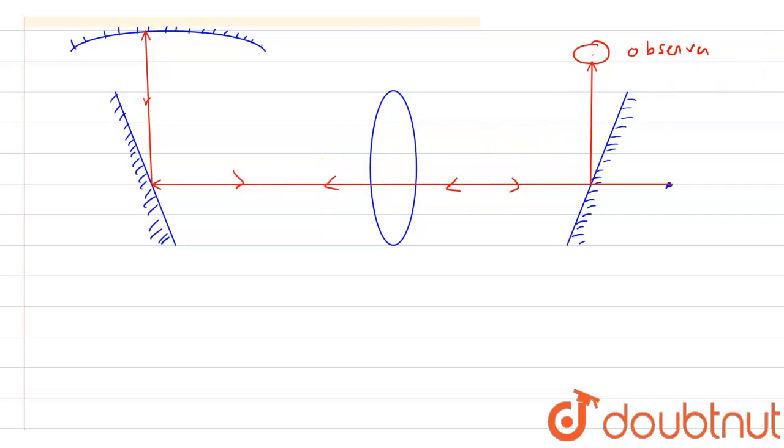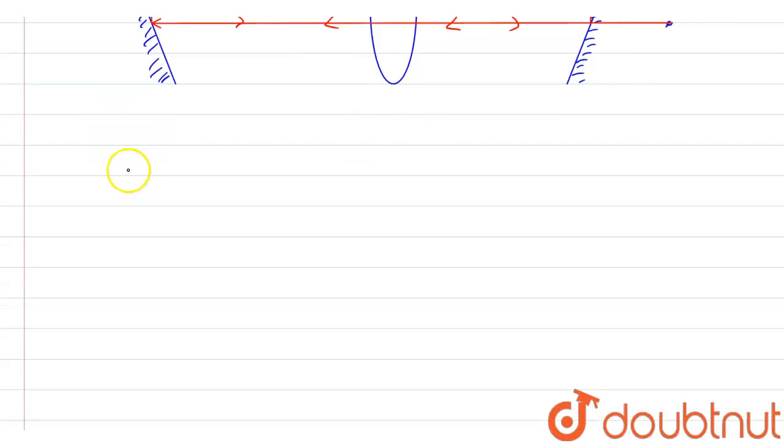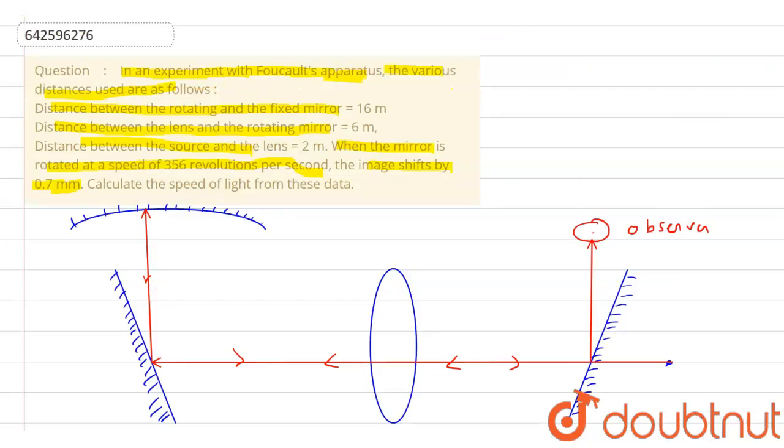Now, by using this experiment, Foucault was able to give the formula, and that formula was C is equal to 4 R square omega A, divided by S into R plus B. Now we will discuss what those variables are.